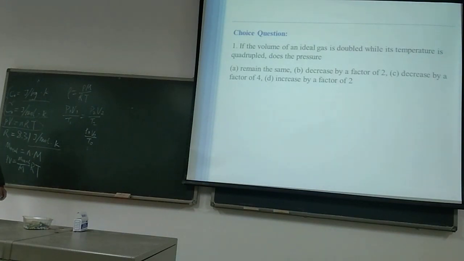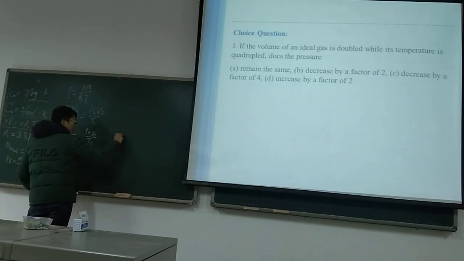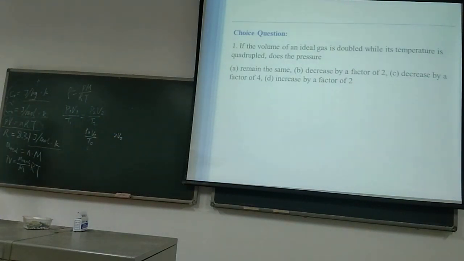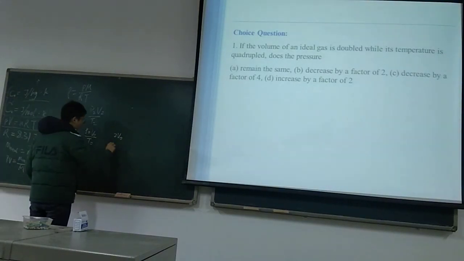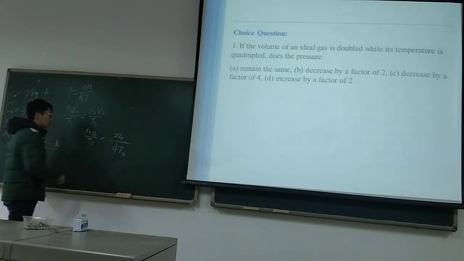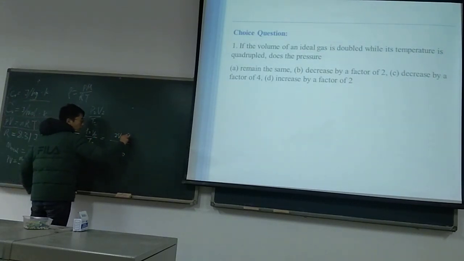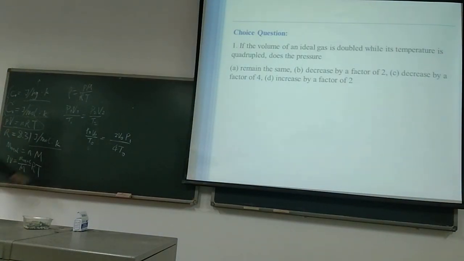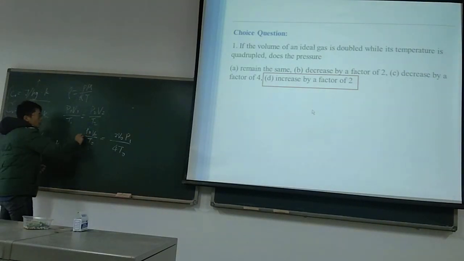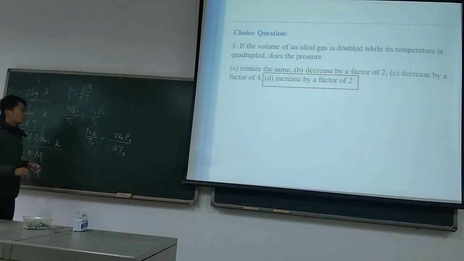Then the volume doubled and became 2V0, and the temperature quadrupled to 4T0. If the two states should be equal, the final pressure should be increased by a factor of 2. For the state before the change, the constant is equal, or the mass is constant.